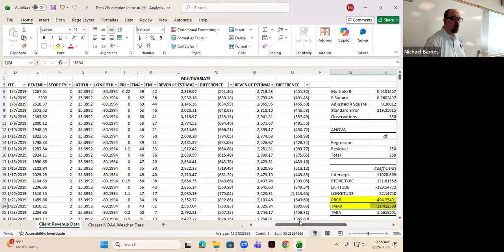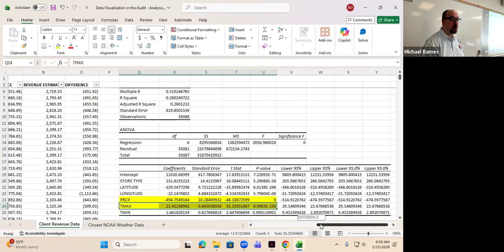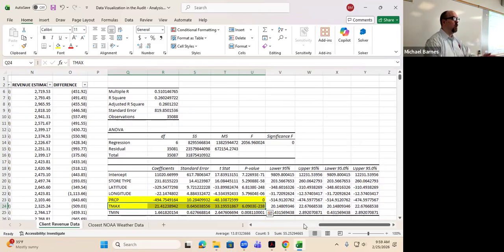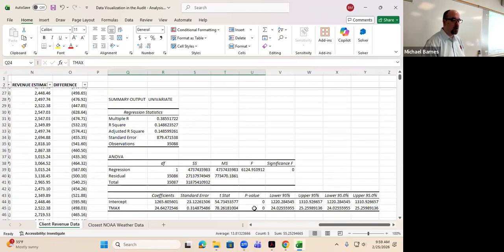So even though it's a stronger correlation, it does not have a strong predictive value, because anytime there's precipitation of 0, this is always going to be 0 multiplied times whatever this coefficient is. So I do think that precipitation does play a role, but I would honestly want to use temperature maximum. And we'll see why when we get to the visualization in just a second. So I went ahead and reran my regression, and I just did a univariate regression.